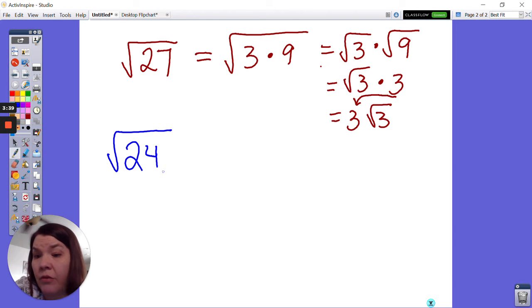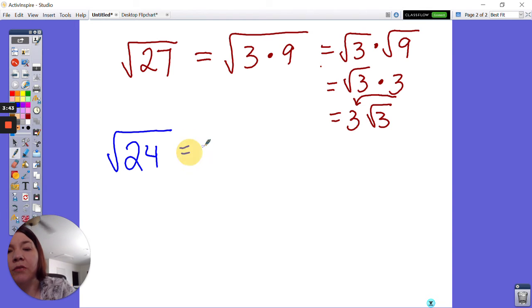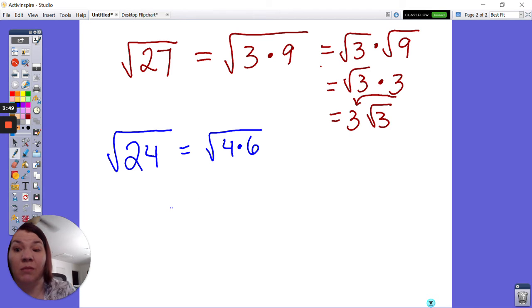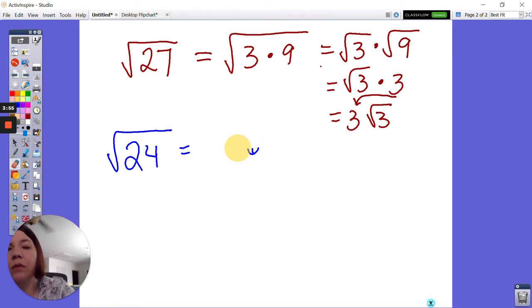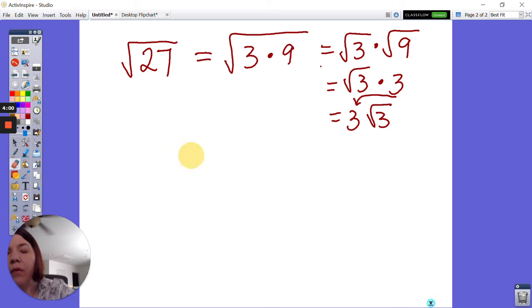Those are the only factors. 24 is a little harder. So 24 we can do 4 times 6. Right? Or 3 times 12. Or actually, I'm going to back up. We're not going to use that. We're going to use 48. It's important that I use a different number. 48.